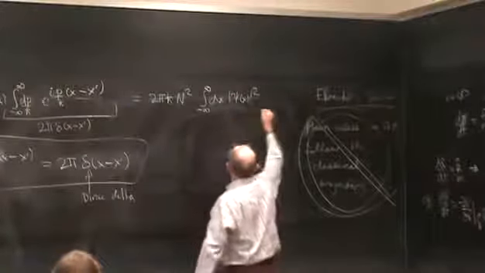Because this, all the way back here, was supposed to be the norm of the wave function, which is also equal to 1. So that tells me how I should normalize this. I'm going to choose N to be equal to 1 over the square root of 2 pi.